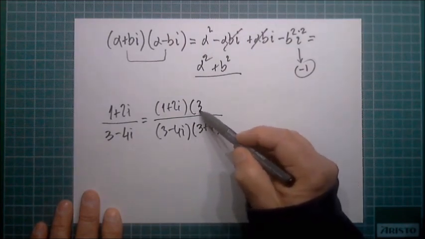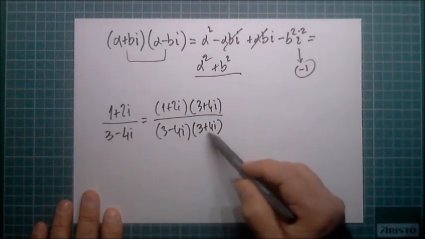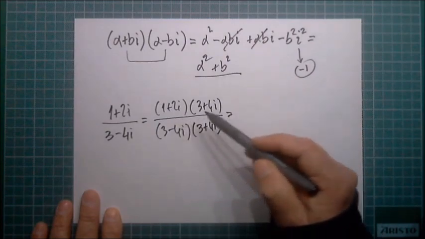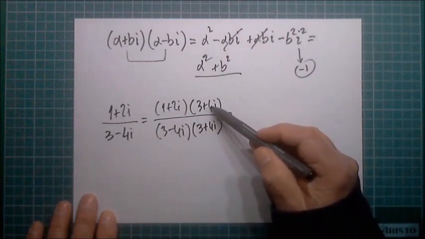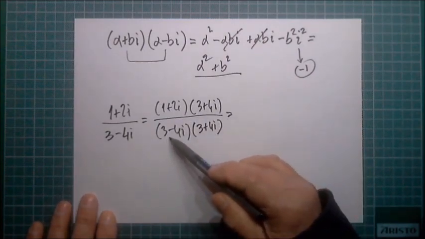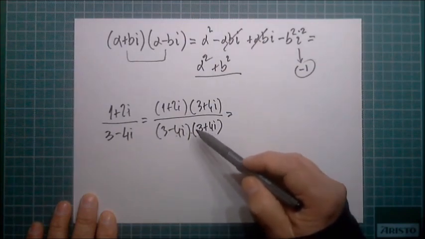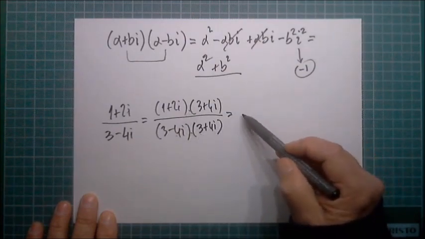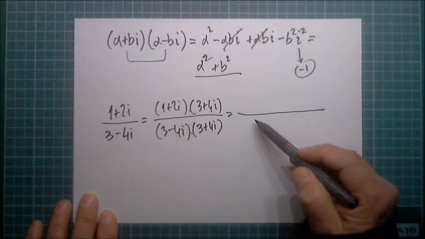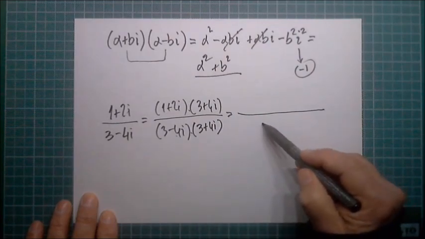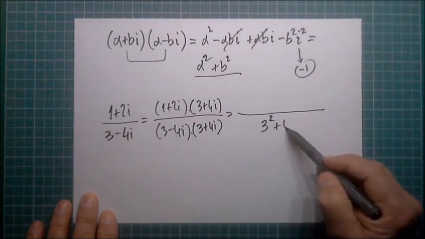This is 3 plus 4i. So what we have here is 1 plus 2i times 3 plus 4i divided by 3 minus 4i times 3 plus 4i. As we saw before, the denominator is 3 squared plus 4 squared.